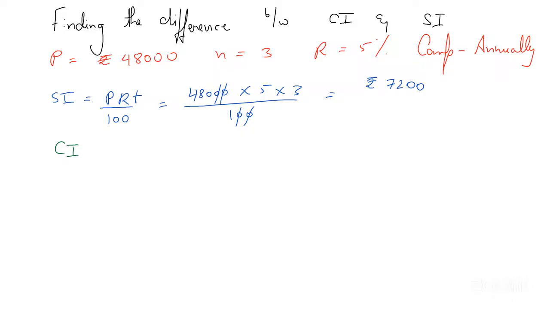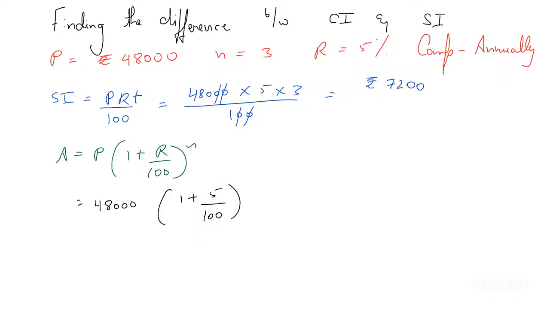For CI, we know we first calculate A. Ma'am, you can also get that as the ones in brackets are 1.05 with 3 at the end.